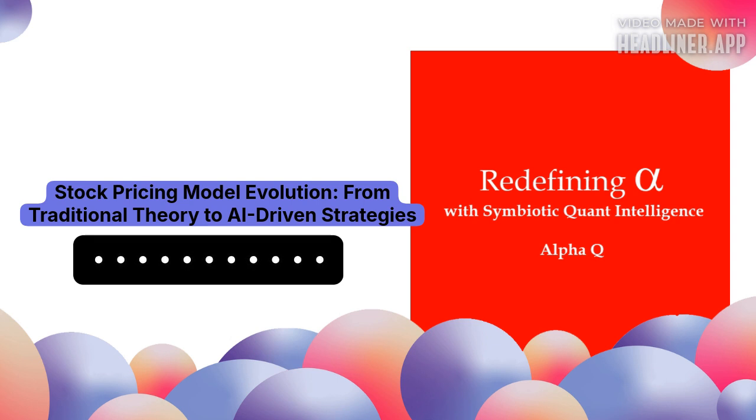Which leads us to hybrid models, combining the old and the new. Yeah, that's a really strong trend. Hybrid models try to get the best of both worlds. You might take theoretically sound factors, like from Fama-French, or well-established technical indicators, things that have some economic logic behind them. Exactly.